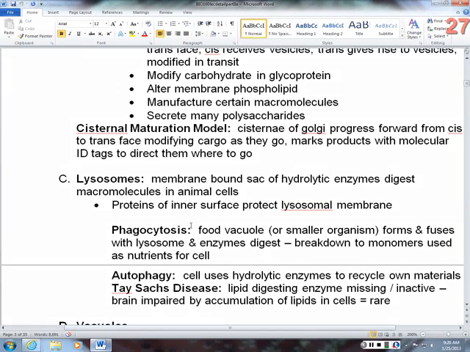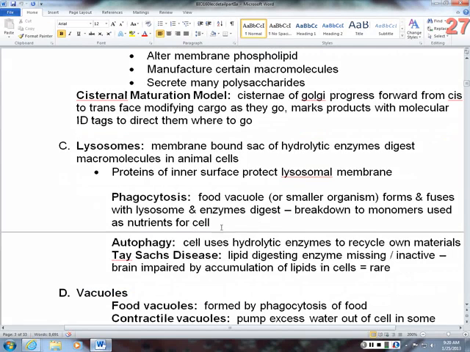So food vacuoles are going to form, they fuse with the lysosome, and then the enzymes get dumped in there to digest it. And it will help to break things down into monomers for the cell. So if you've got your cell here, and you've got a chunk of food here, what's going to happen is that lysosome is going to need to come fuse with this.